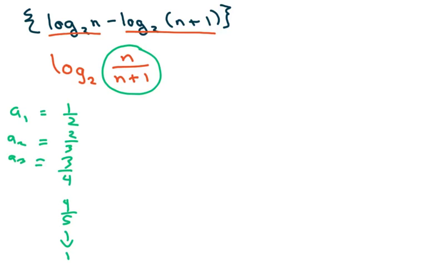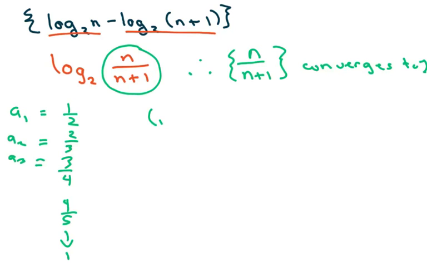And you can keep seeing this is going to get closer and closer to 1. Not quite reaching it. So, for example, if I just say, therefore, just this sequence n over n plus 1, that converges to 1. So, now let's take the limit.